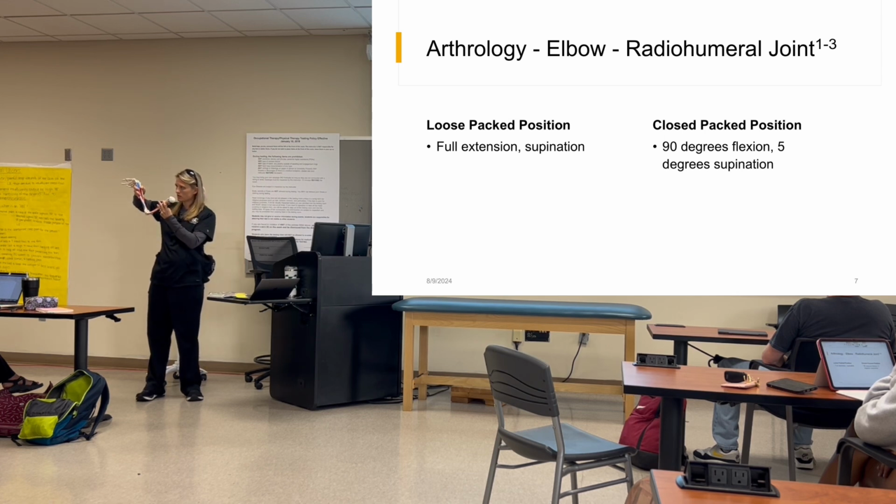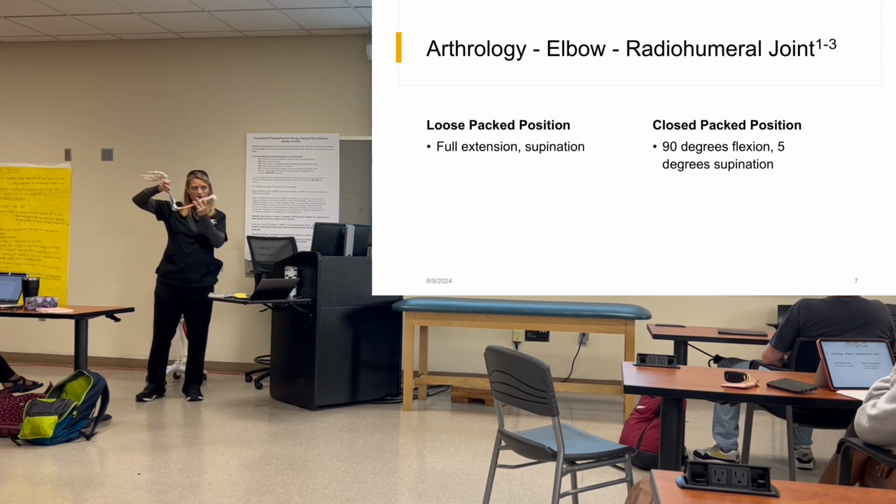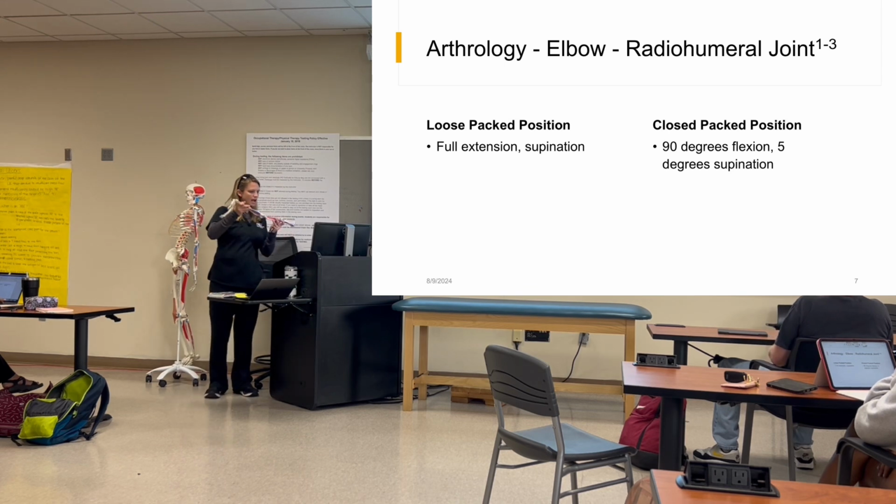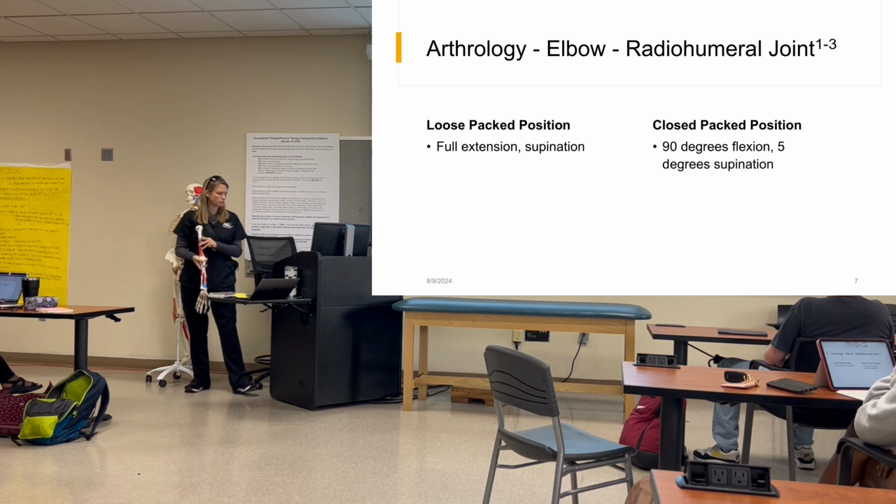You see the difference even in the joint spacing there? So that's what we're talking about when we're talking about loose packed. There's much more room for motion here than there is here. Closed packed, loose packed, okay? So closed packed being 90 degrees of flexion and 5 degrees of supination versus full extension, full supination. All right, so that's where the loose pack comes from.